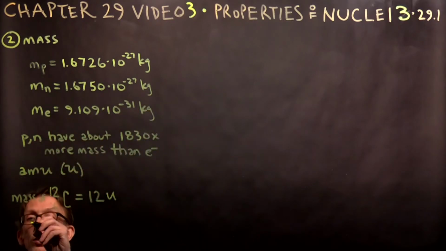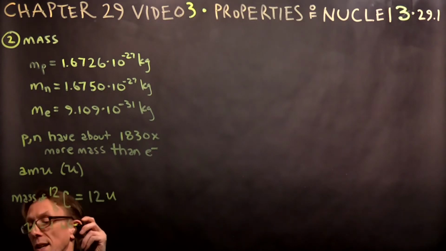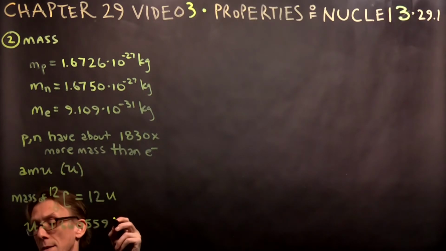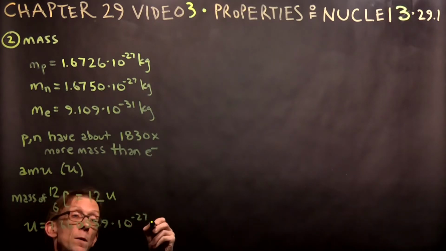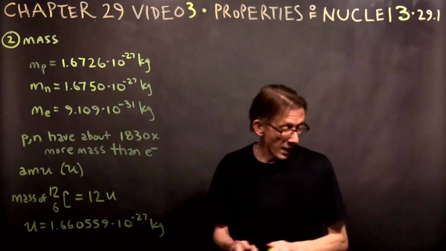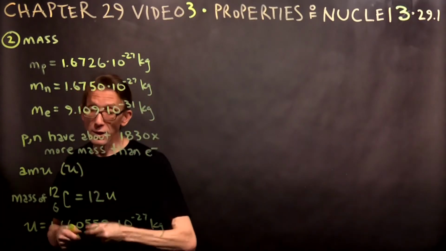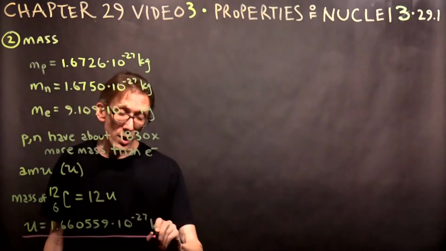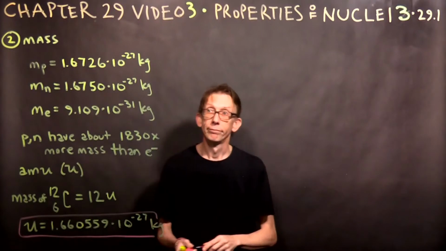So that means that a single u is 1.6605559 times 10 to the negative 27th kilograms. This is a unit of mass, which is appropriate when talking about nuclei.